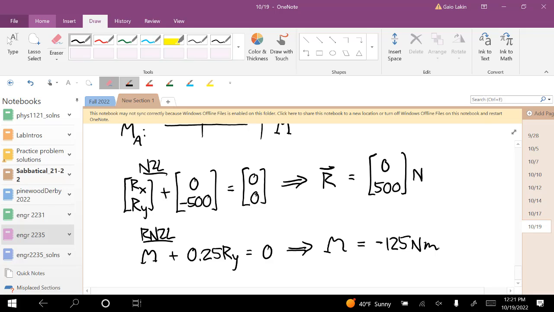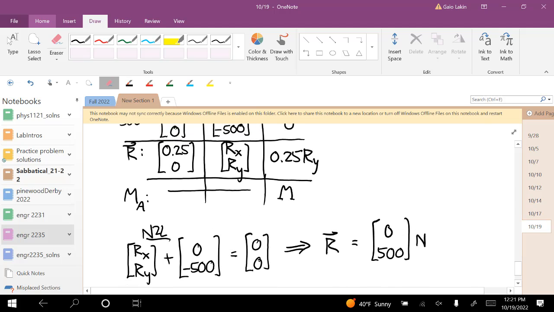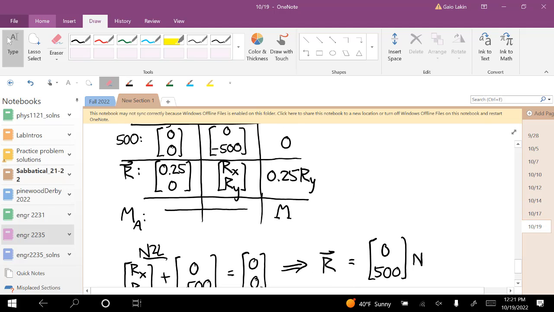Did I do that right? Yes. So that all makes sense, right? The only thing that we did that's sort of new is just choosing a part of a body to isolate. After that, this was a really simple rigid body calculation.